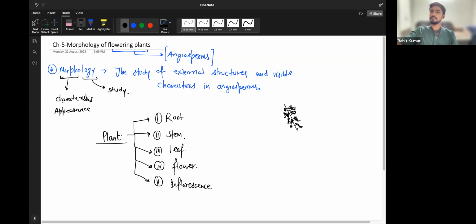They will be like not green, but they will be present like this. You understand? So this whole thing, which contains hundreds of small flowers, is called a compound flowering, or inflorescence. Is it clear?